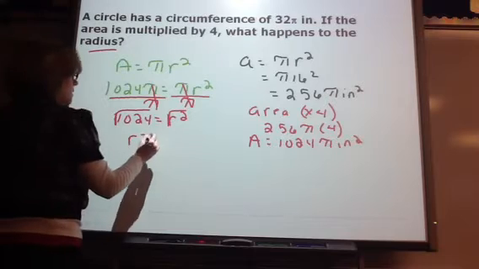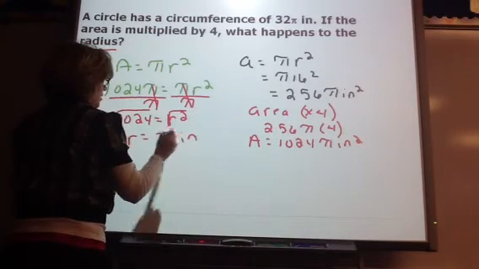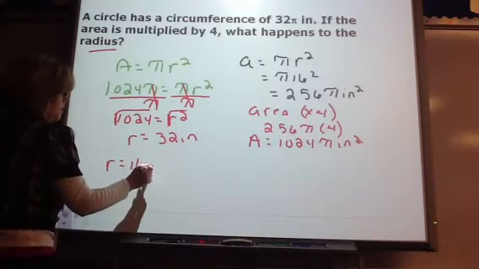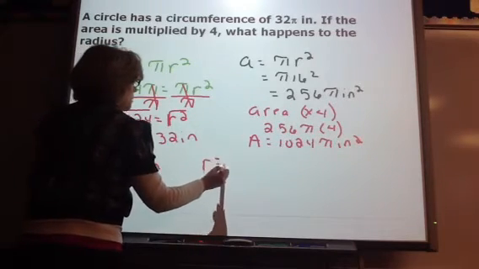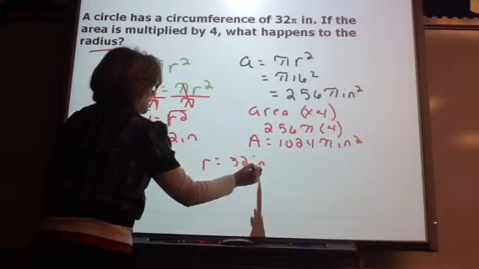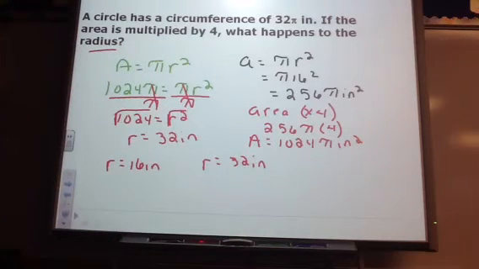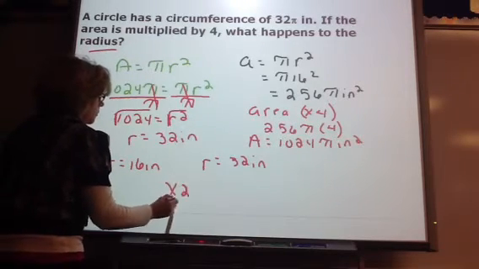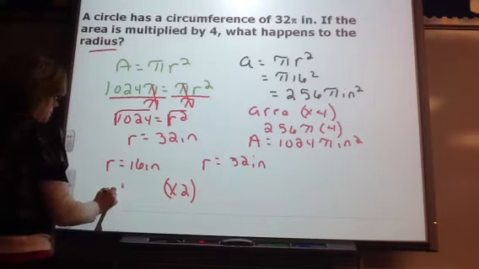And r is going to be 32 inches. So our first radius was 16 inches, and then we multiplied the area by 4 and got 32 inches. So what happened? What's the effect here? We took the first radius and we multiplied it by 2.